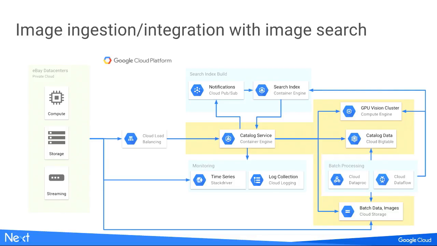compute feature vectors representing these images, and store these feature vectors, which are 512 bytes, half a kilobyte records, to Bigtable.